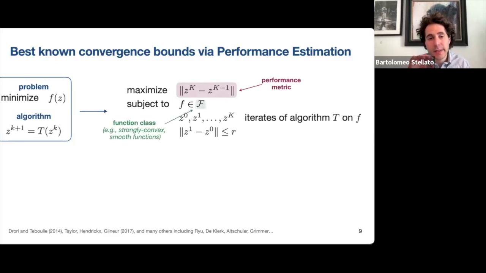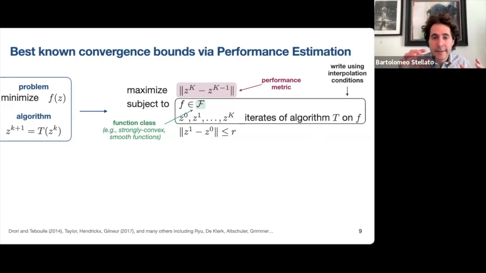And then you want to be within a function class. And the function class is, for example, all the strongly convex and smooth functions. And these are the typical assumptions that you make when you teach optimization. You say that I have all the functions that are strongly convex, smooth, or that are just smooth. And you want to translate this condition, as well as the iterates z0 to zk belonging to the algorithm T applied to f, into tractable constraints of this problem.